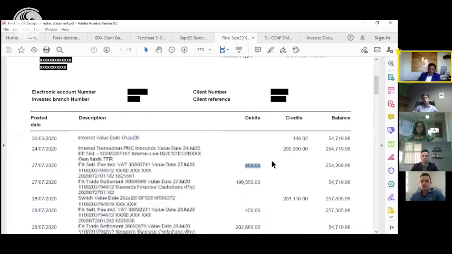That 200,000 is traded in our arbitrage strategy and is brought back into South Africa through digital assets, which are not seen on the BOP system. So you don't get the BOP credit for that import of value back into South Africa, which is why your SDA, your single discretionary allowance, gets used up quite quickly.